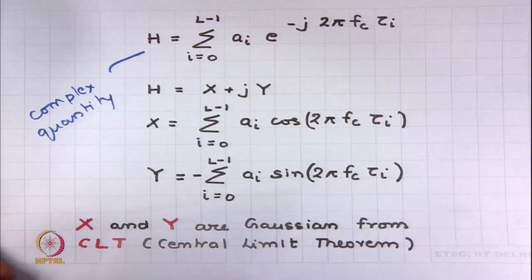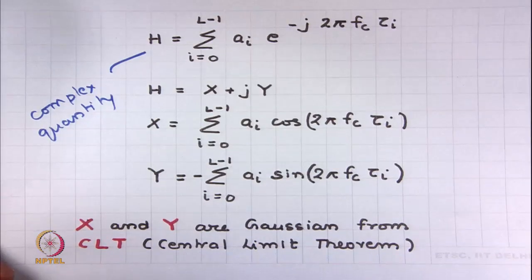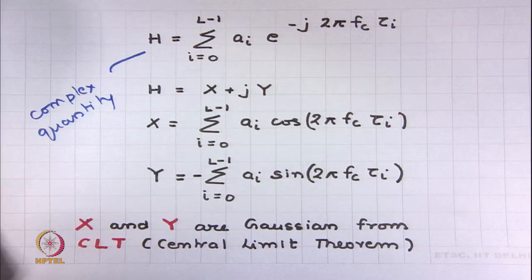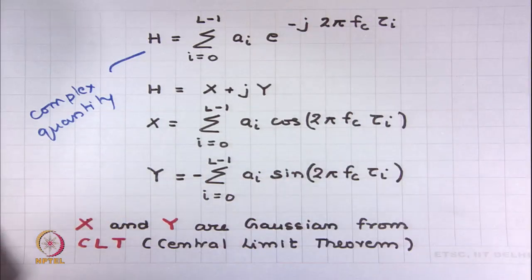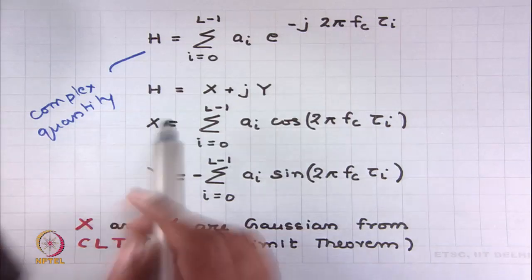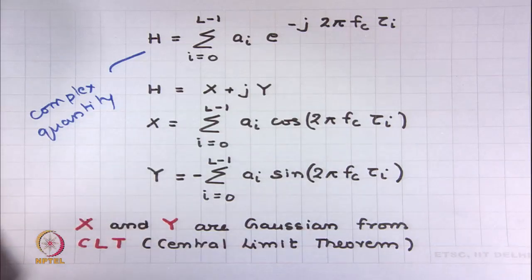Similarly, y is also a sum of a large number of independent random variables, and hence y is also a Gaussian random variable. Why are these random variables independent? Because we are assuming that the attenuation and the delay of each path is independent of another path, and hence each term will be independent of another term, and hence x and y are sums of a large number of independent random variables, and by the central limit theorem they will tend to be Gaussian.